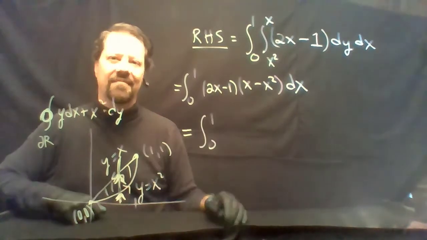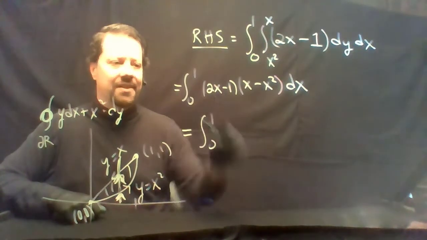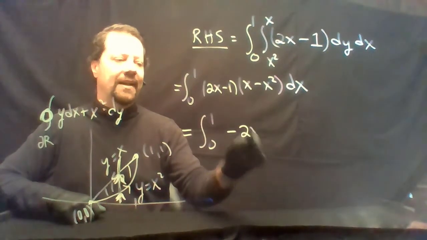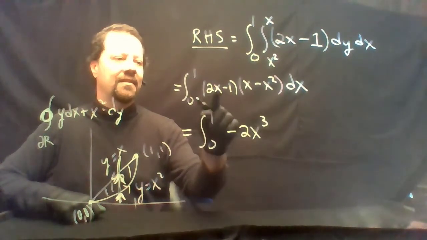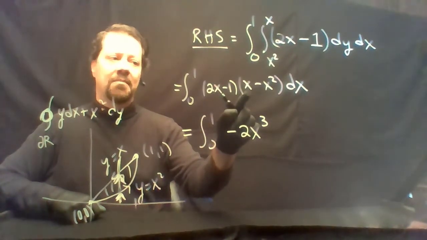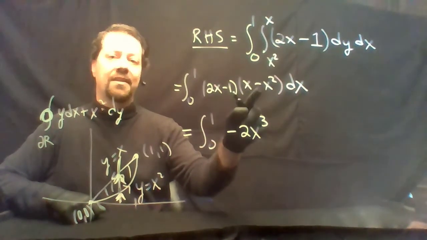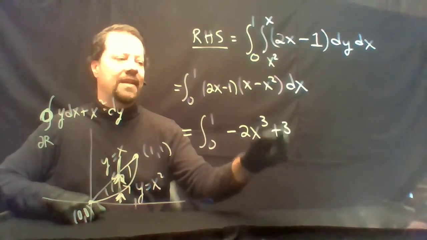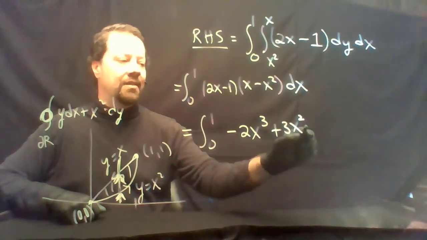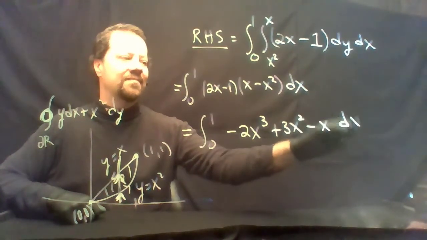The highest degree term that you get when foiling is a negative 2x cubed. You'll also get a positive 2x squared and another positive x squared. That's plus 3x squared. And now the lowest degree term is minus x.